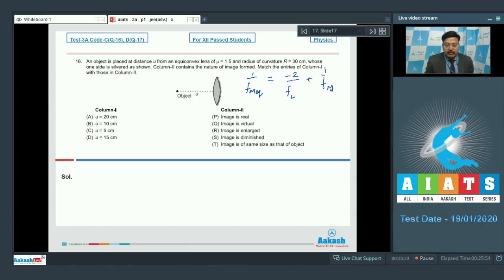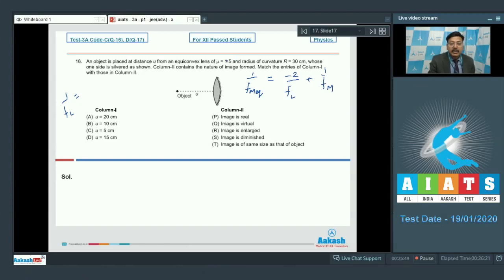Now since the lens and the mirror both are converging, we should get a negative focal length. Now let's find then fL, and for finding fL we can apply the lens maker's formula, and the lens maker's formula tells us that 1 by fL is mu minus 1.